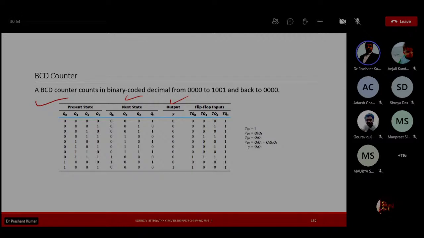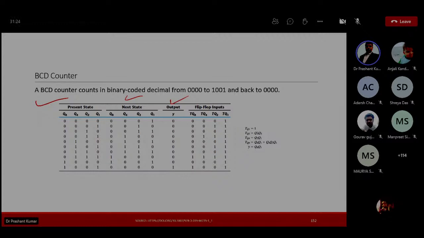In this way, Y can enable counting in the next higher significant decade, where the same input pulse changes the decade from 1001 to 0000. So you can find TQ1, TQ2, TQ8 and Y as well. How will you find them?